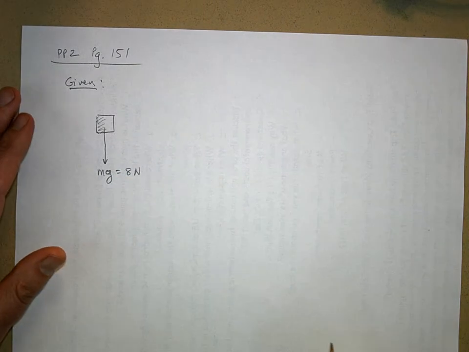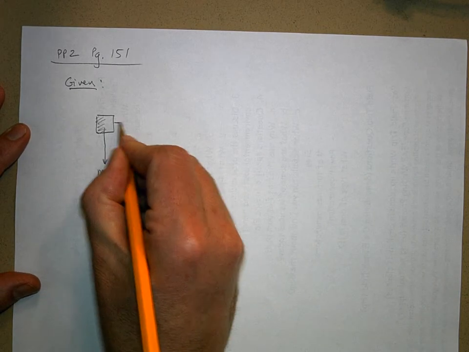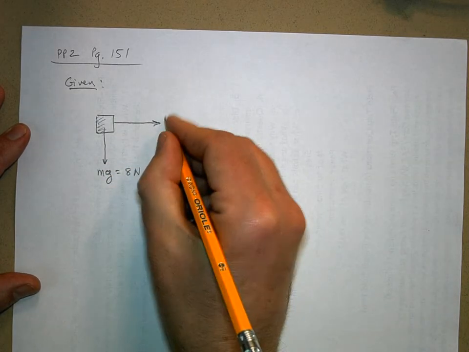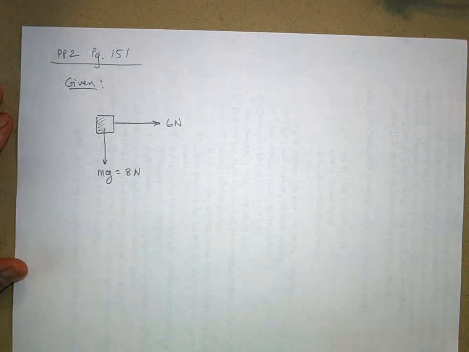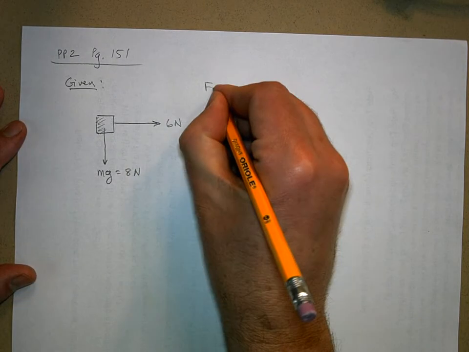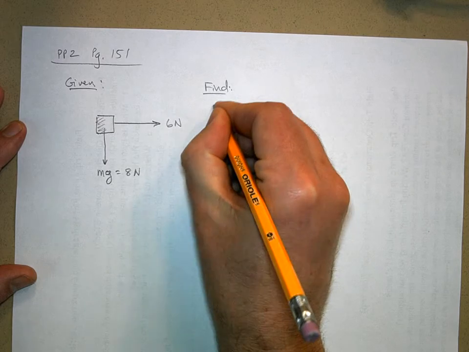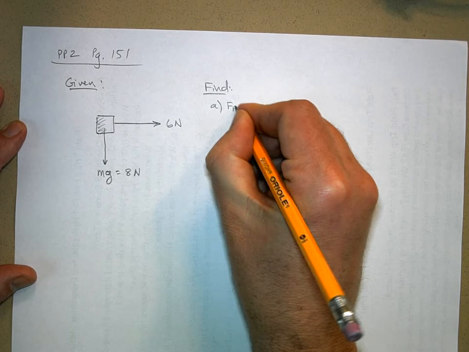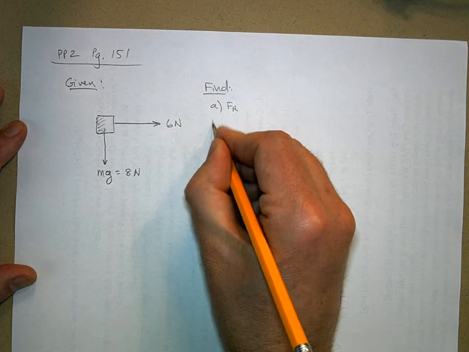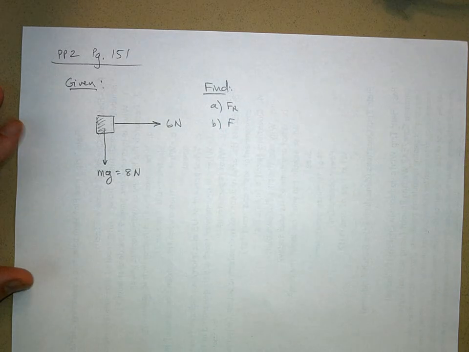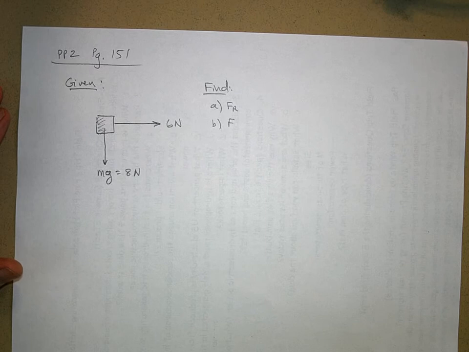And it says it has one horizontal rope exerting a force of 6 newtons on it. So we're pulling on it with a rope, and that rope has a force of 6 newtons. And we want to find A, the resultant force, and B, what force is needed to put the weight into equilibrium.